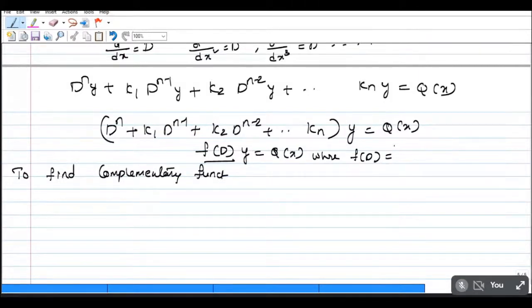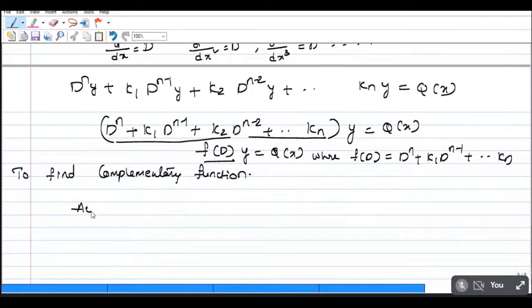I am writing D^n + k1 D^(n-1) + and so on kn. This entire expression I denote by f(D). To find the complementary function, first we write the auxiliary equation, f(m) = 0. You know what f(D) is.